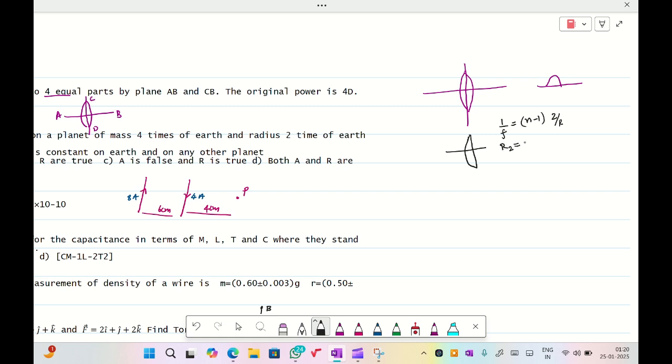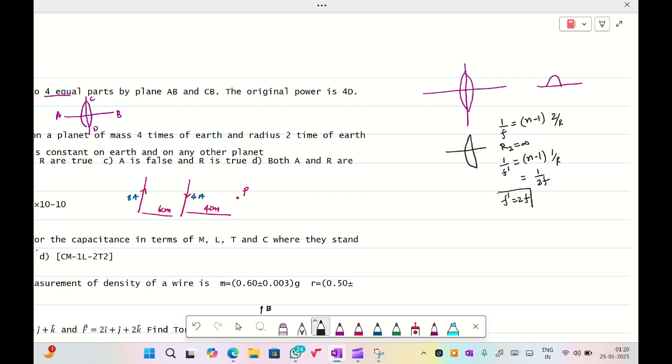R2 becomes infinity. Therefore 1 by f dash, the new focal length, is equal to (n minus 1) by R, where n is the relative refractive index of the lens. So that is equal to 1 by 2f I can write. Therefore f dash becomes 2f.